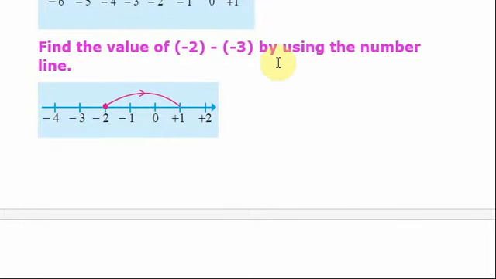Minus 2 minus minus 3. So the starting point is minus 2, minus into minus is plus, so you will get plus 3 for this entire thing. So minus 2 plus 3. Minus 2 starting from here, plus 3 means positive direction. 1, 2, 3. Answer will be 1.